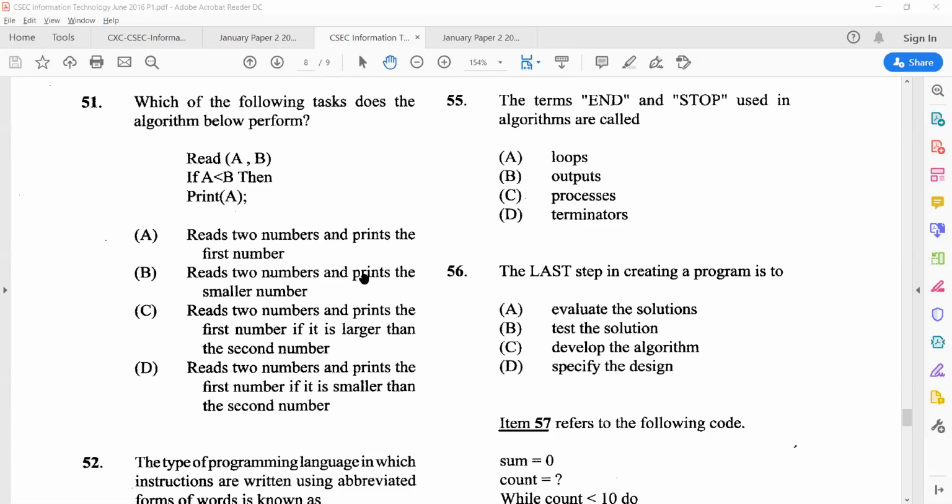Okay, so what's going on here? We have this algorithm reading two numbers, it seems, A and B.